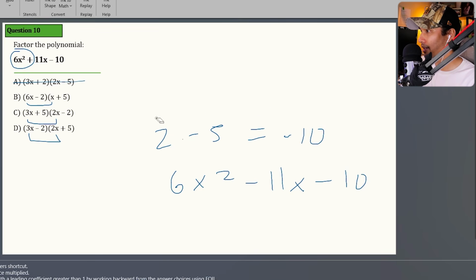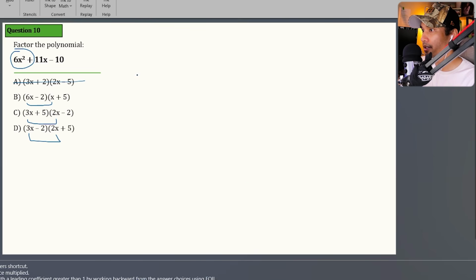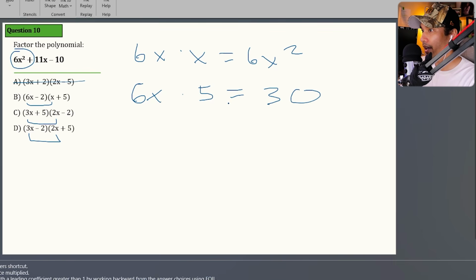And like I did, it only took a couple of seconds to FOIL. So we're just going to go down the line. 6x times x equals 6x squared. And then we have 6x times 5 equals 30x.